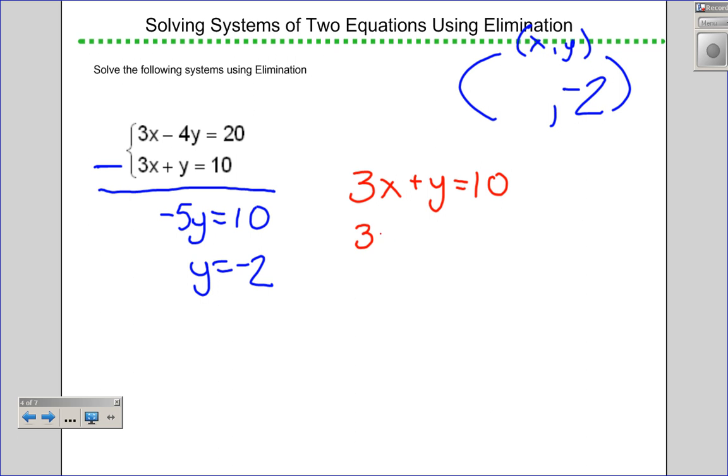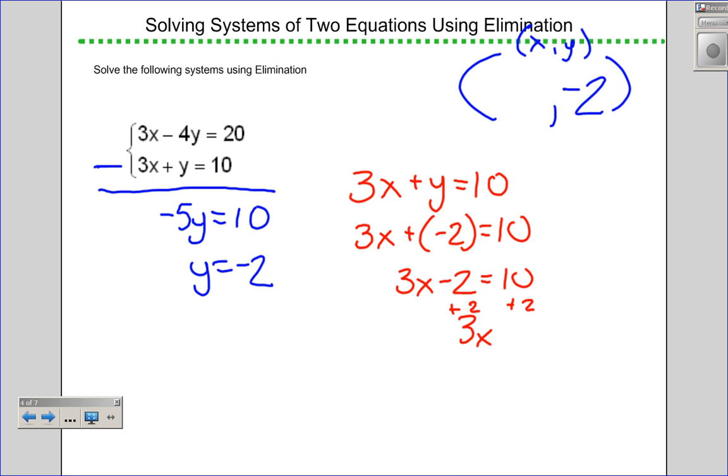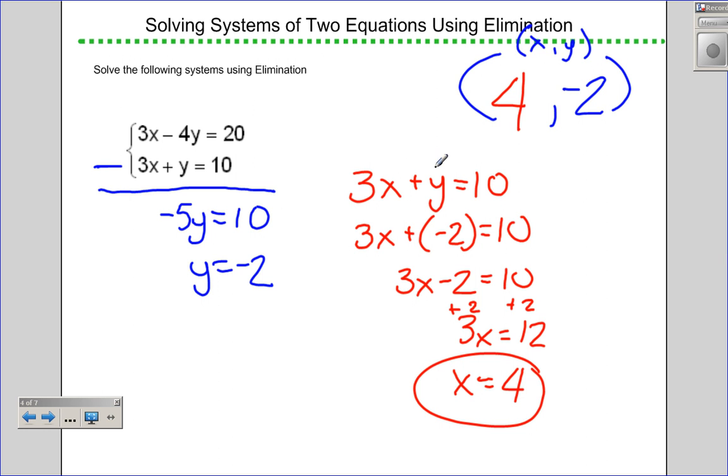So I have 3x plus negative 2 equals 10, so 3x minus 2 equals 10. Add the 2 to both sides. 3x equals 12, so x equals 4. And that becomes my point up here of 4 comma negative 2.